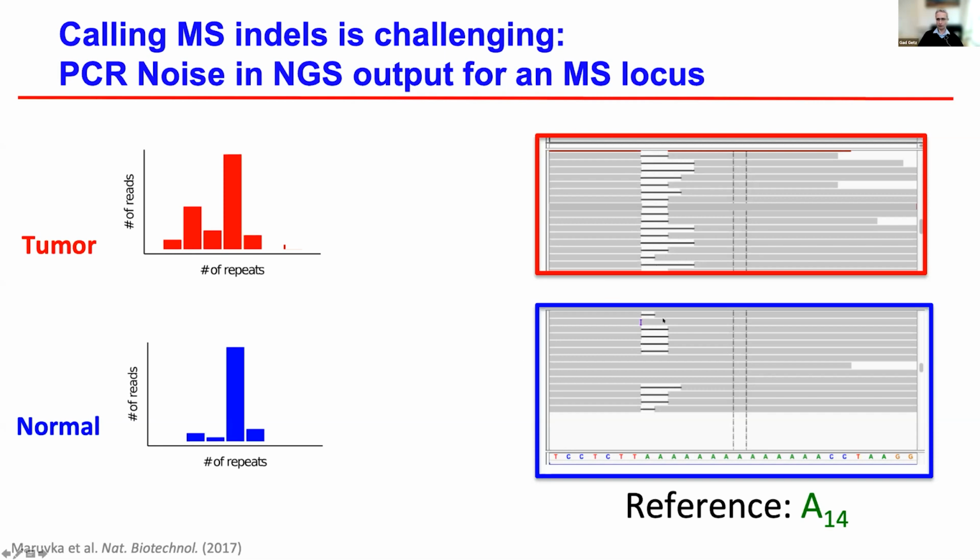You see it both in the tumor and the normal. So it's very difficult. It's not as direct as calling regular somatic mutations, because you need to compare those two distributions and figure out that this is actually different from that. And that's not as easy.